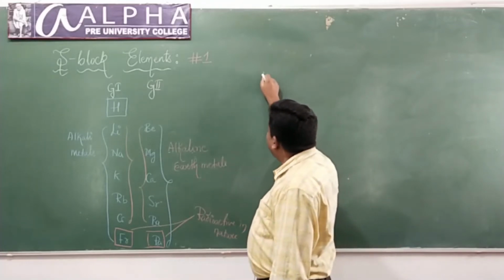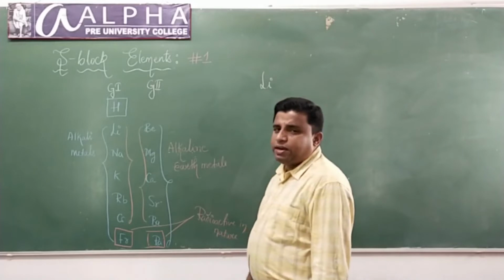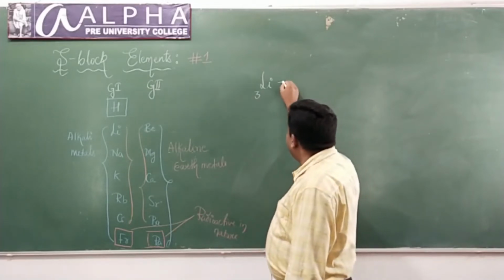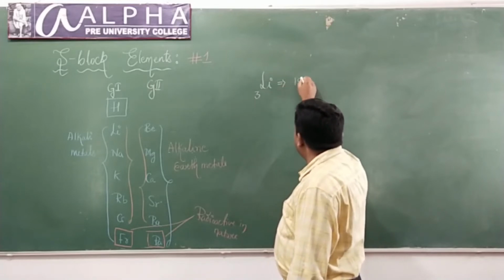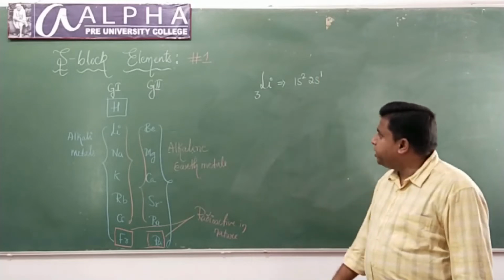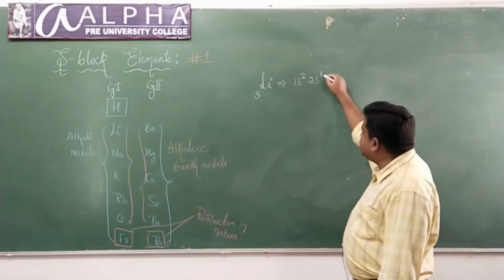If I take lithium, whose atomic number is 3, what is its electronic configuration? It is 1s2 2s1. Look at the last electron.